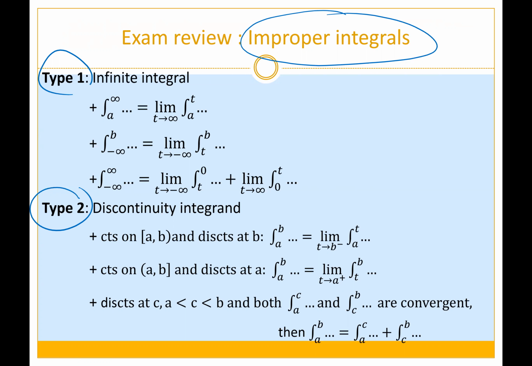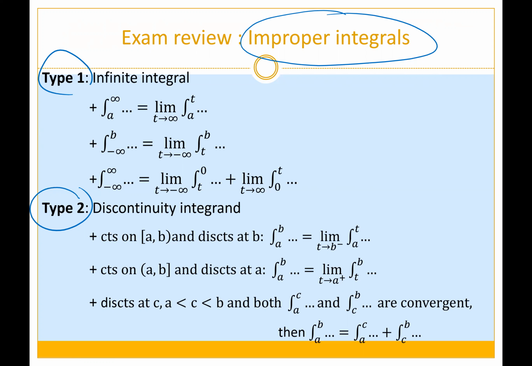Discontinuity integral is when you integrate on an interval, but there is a point in that interval where your expression is not continuous. Sorry, I mixed them up earlier, but essentially you understand what I'm saying. So type 1 has infinity or negative infinity in one of the boundaries, or both. And type 2 has a discontinuity either at the endpoints of the interval you're integrating on, or at one point in the middle of that interval.